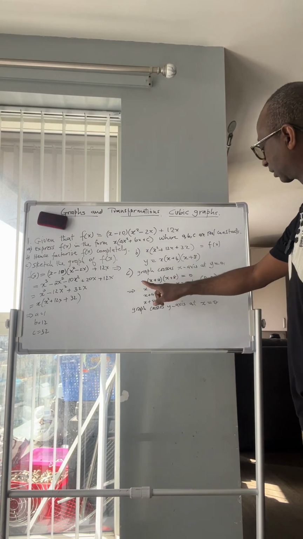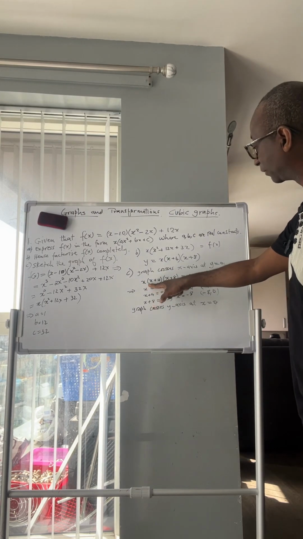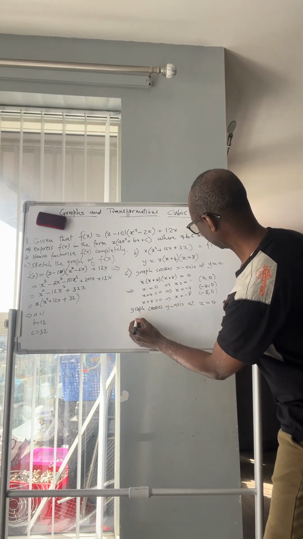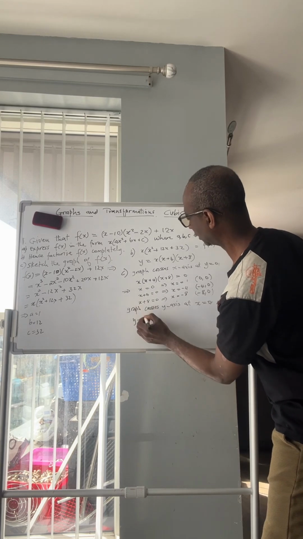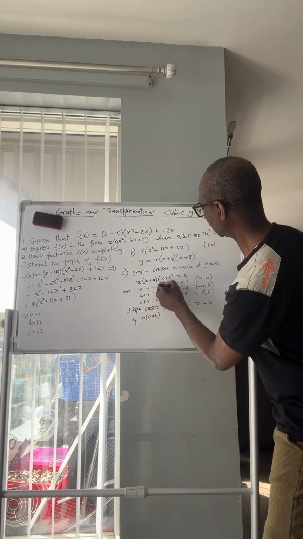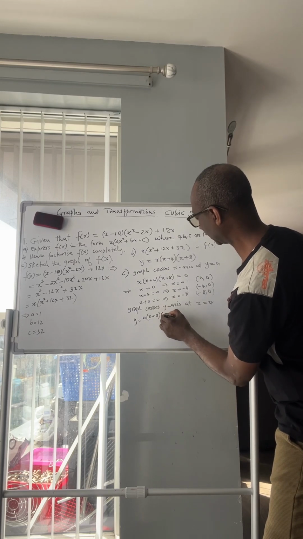If you put x as 0 here, everything here will be 0. Because what you are going to do now, you are going to say y is equal to 0 multiplied by 0 plus 4 multiplied by 0 plus 8.